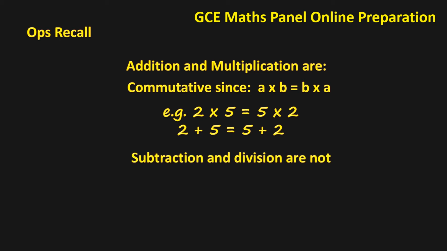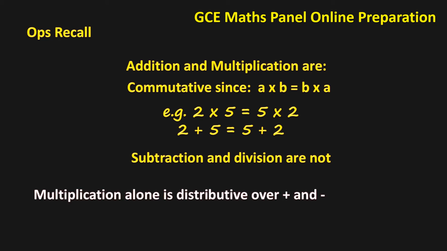That's why we say these operations are commutative. Note, however, that subtraction and division do not follow the same rules. They are not commutative at all.